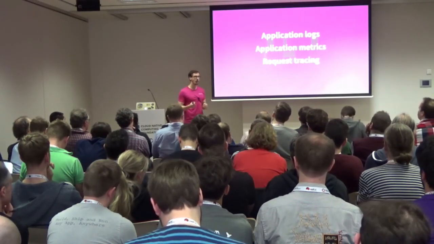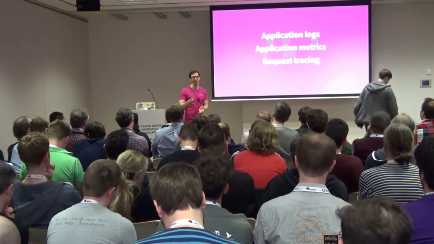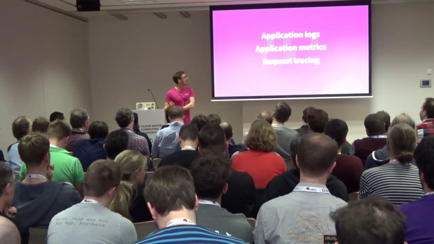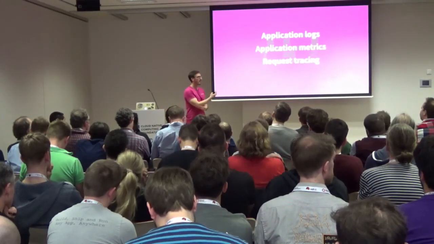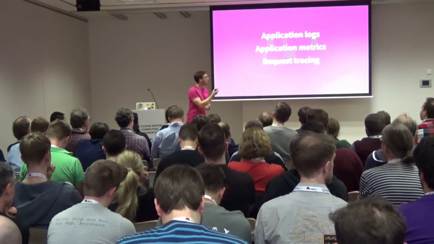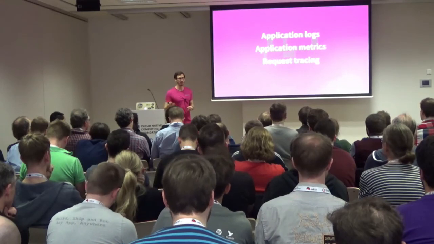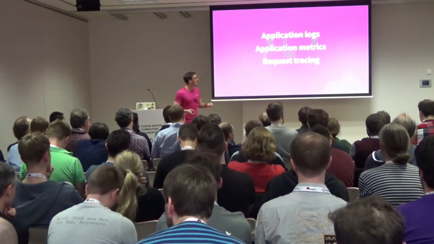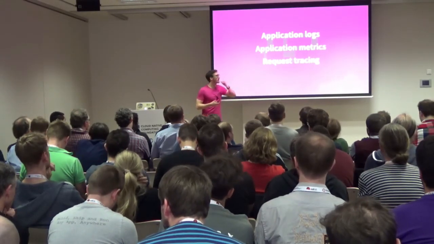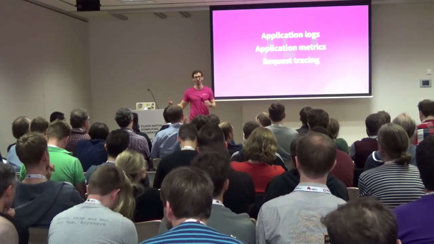We collected the application logs, which we dumped out to JSON because it's way easier to collect afterwards. We have the application metrics. That is mainly what the Spring Boot metrics and health endpoints are exposing, so you can collect that. And you can easily do request tracing if you have a trace that is the same over all your calls.